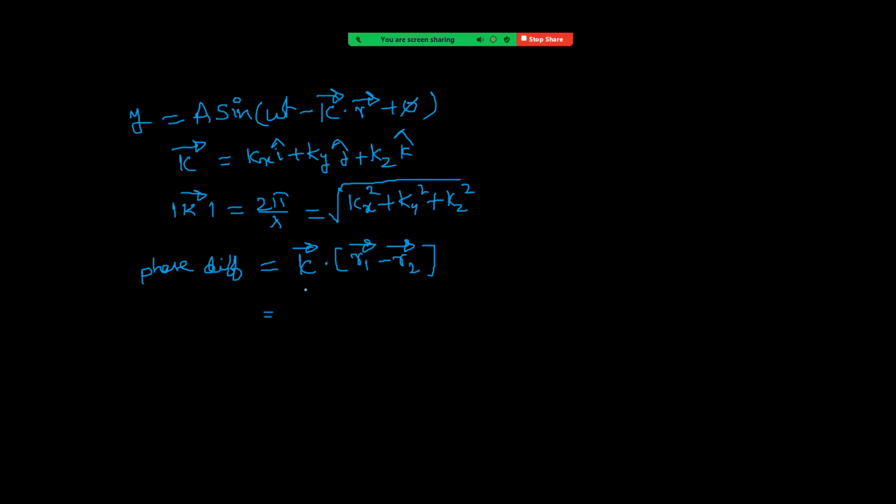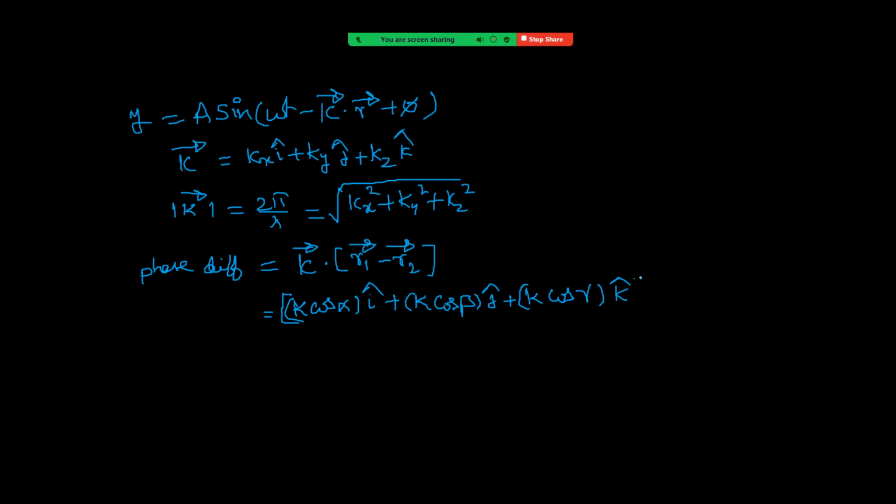Now see what we can write here. In the place of k bar, what we can do is, kx means k cos alpha i cap plus k cos beta j cap plus k cos gamma k cap, because we are given that the direction of propagation makes angles alpha, beta, gamma with x, y, z axis, which are known as direction cosines, cos alpha, cos beta, cos gamma, right?